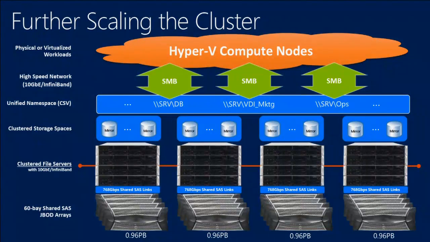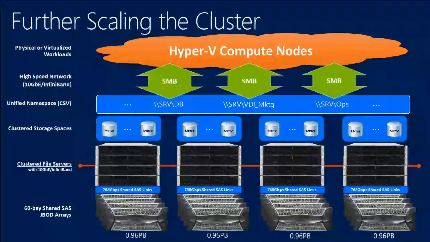So nodes on the rightmost unit can access storage on the leftmost unit because the access gets redirected through the cluster network, through the CSV. Each of these units has its own storage pools and its own virtual disks. Okay? CSV aggregates all this in one spot. Again, it's still linear. I've added more units, but my CSV simply scales linearly. And again, I simply share this out via SMB.